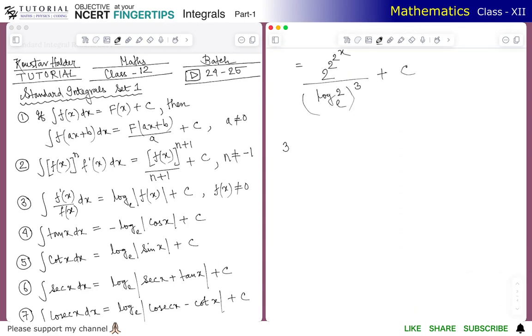Let's do another problem. This one says 10x to the power 9 plus 10 to the power x log e 10 divided by 10 to the power x plus x to the power 10.